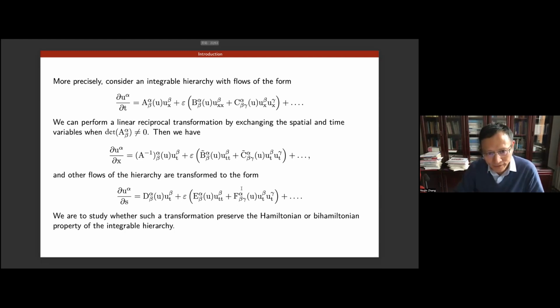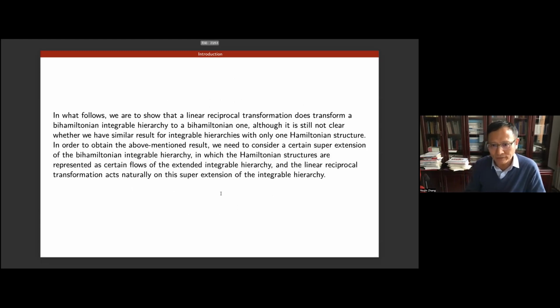But for linear reciprocal transformations, because they also change the space variable and the time variable, in the original setting where we use the space of local functions on the infinite jet space, we are no longer able to use this setting to study the Hamiltonian structure.